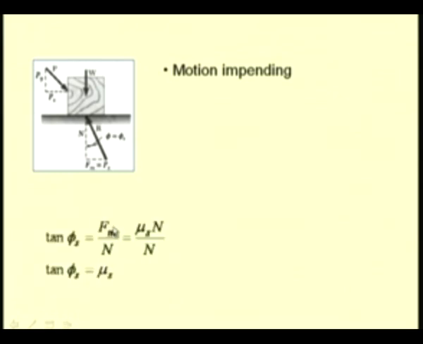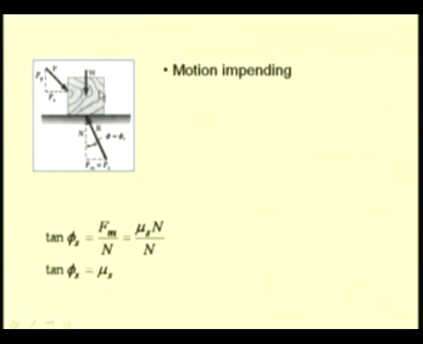And so, we have this tan phi s as F by N. In this case it is the limiting force F, and which is equal to mu s times N by N, and which simplifies to mu s. So, for the limiting case, the angle made by the resultant is related to the coefficient of static friction.